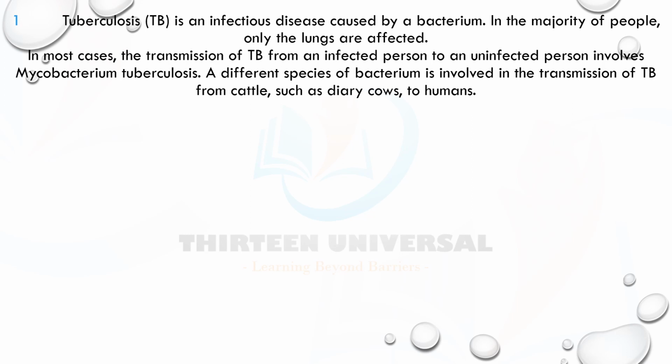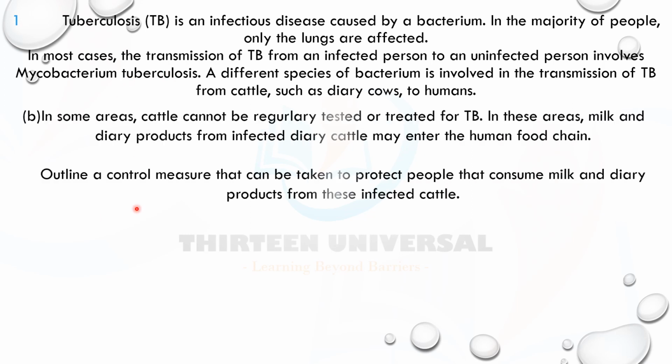Okay, the same question, but we're going to the B part. In some areas, cattle cannot be regularly tested or treated for TB. In these areas, milk and dairy products from infected dairy cattle may enter the human food chain.